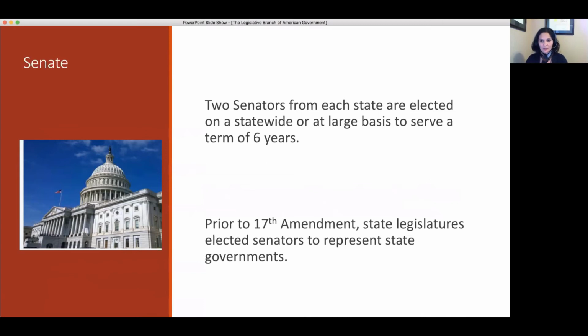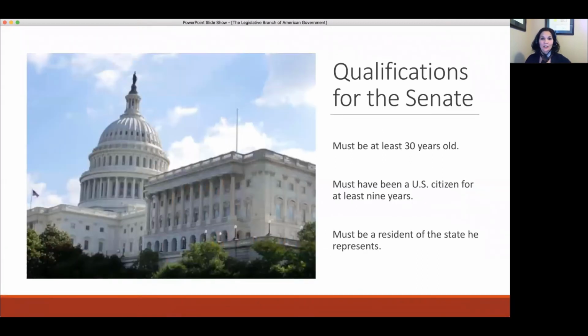After the adoption of the 17th Amendment, the senators are elected in the same manner as our representatives are elected. So what are the qualifications for the Senate? Well, you must be at least 30 years old. You must have been a United States citizen for at least 9 years, and you must be a resident of the state that you represent.